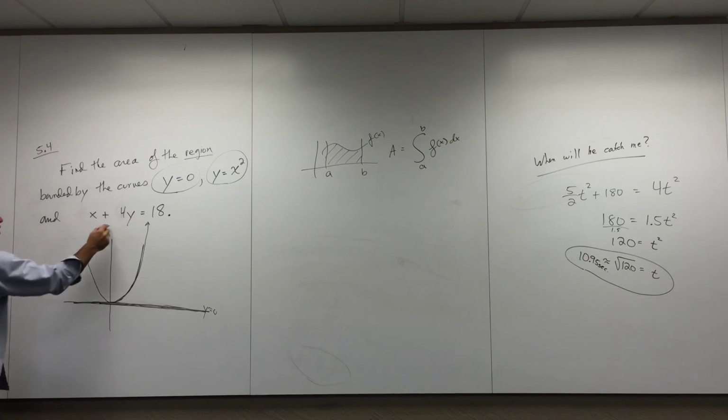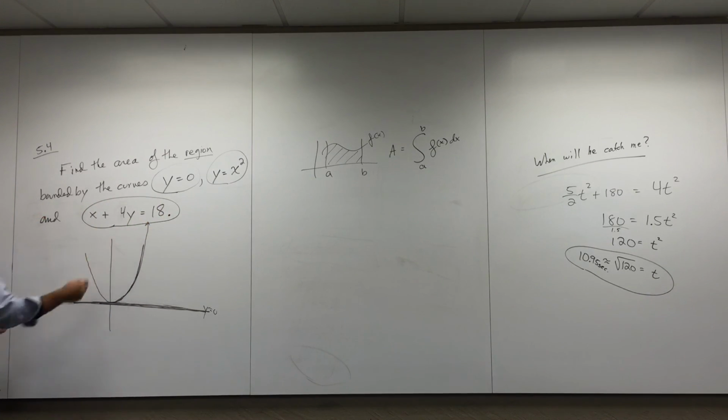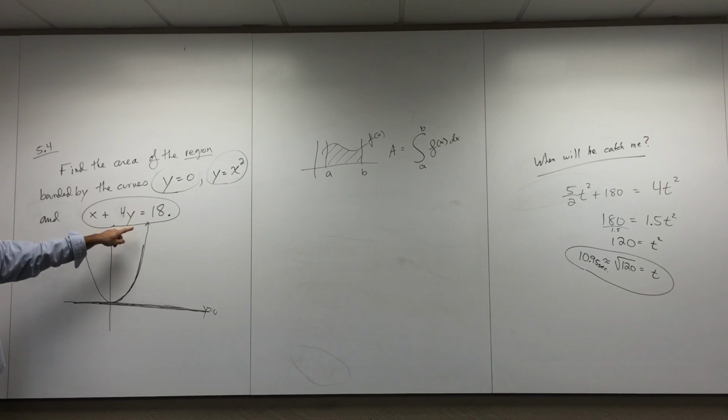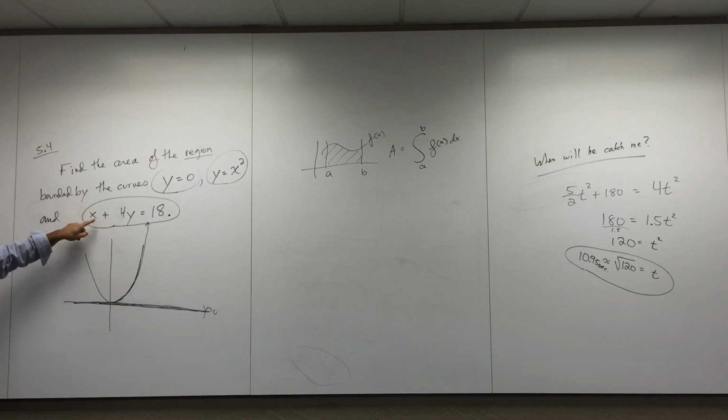What's another boundary? Another boundary is this line. This is a line, by the way. If I wanted to use my calculator, I'd have to solve for y and type it in my graphing calculator. It's just a line, though. If I let y equals 0, I think it hits the x-axis at 18. Do you agree with that?